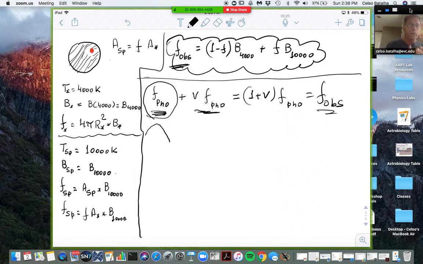If you want to do a better job, like we did in a previous paper that we published with Sylvia, we use a code to generate this flux distribution. We use a code called Cloudy.